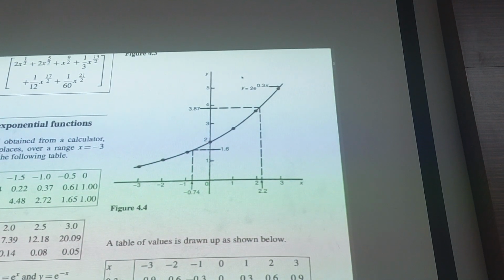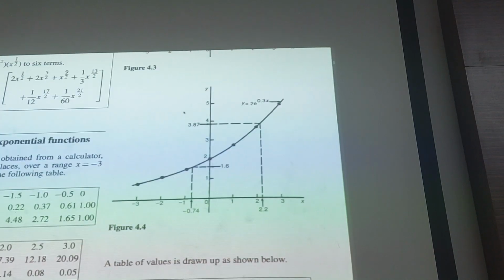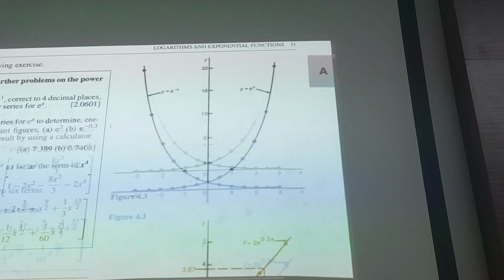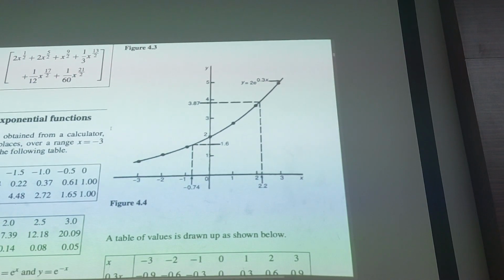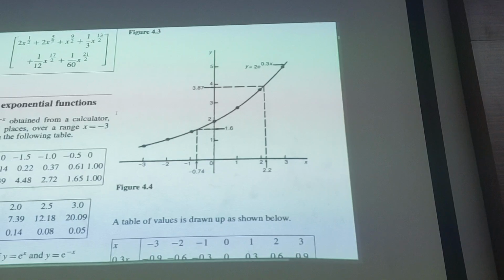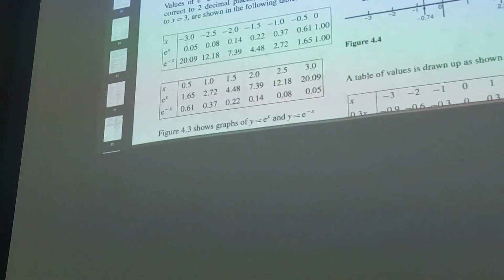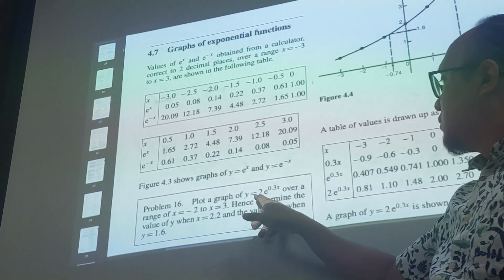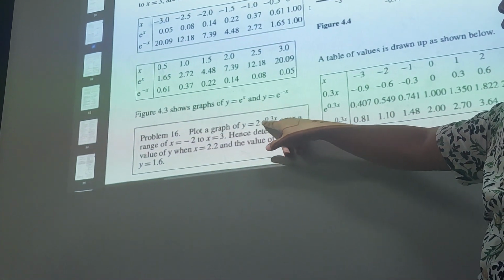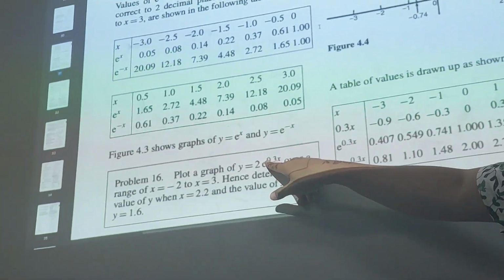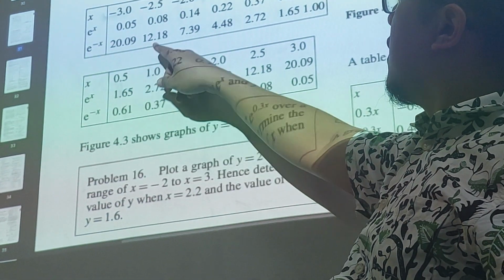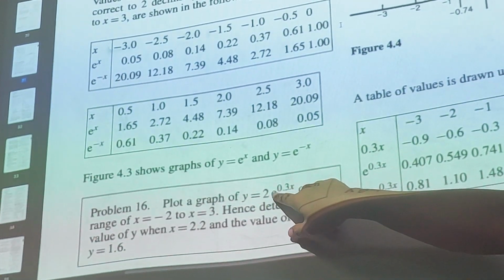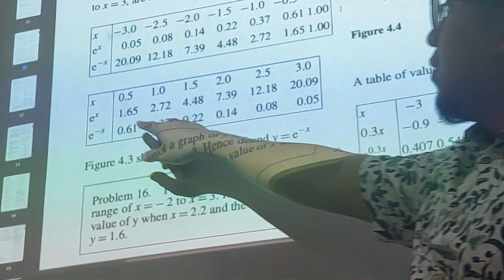So with the same way, because minus x, minus 0.3, to a power by 0.3, you already have the value of a power by x.